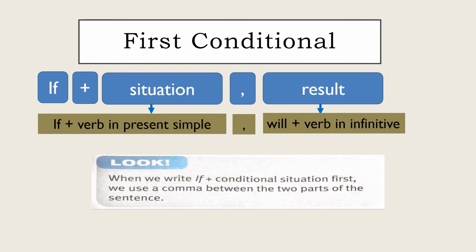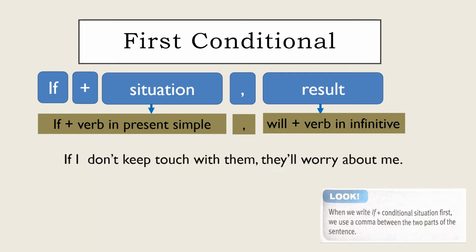When we write if plus conditional situation first, we use a comma between the two parts of the sentence. Jika situasi di permulaan ayat, kita perlu letak koma untuk memisahkan antara situasi dan result. If I don't keep in touch with them, they'll worry about me.